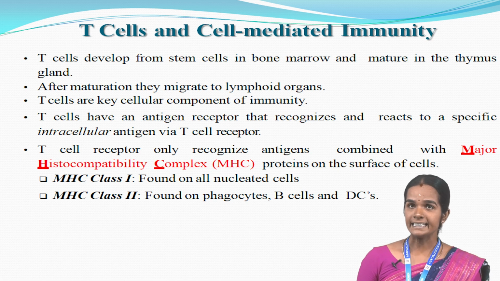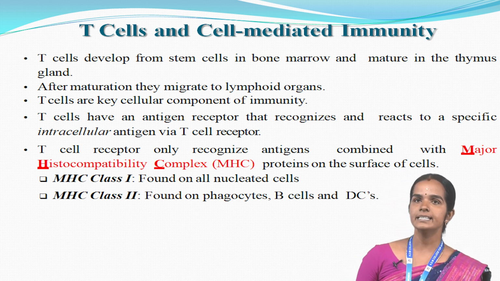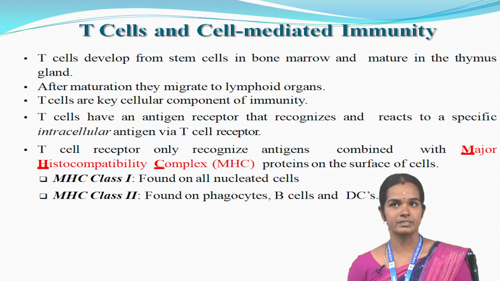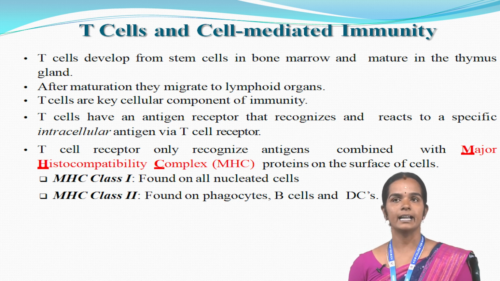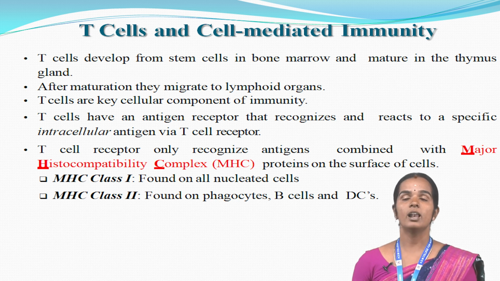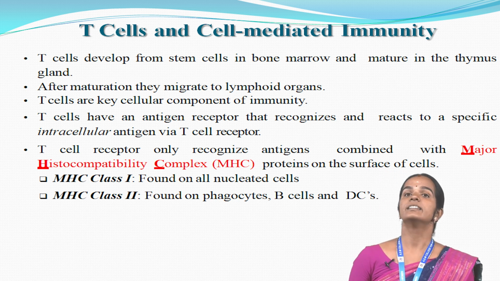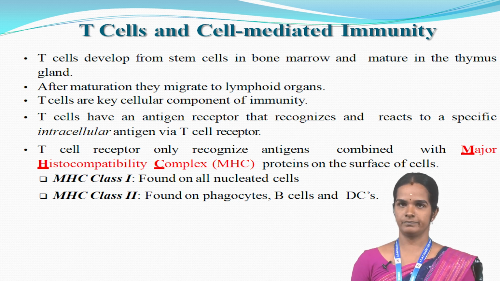This is the T cells and cell-mediated immunity. T cells develop from stem cells in bone marrow and mature in the thymus gland. After maturation, they migrate to lymphoid organs. The T cells are a key cellular component of immunity.